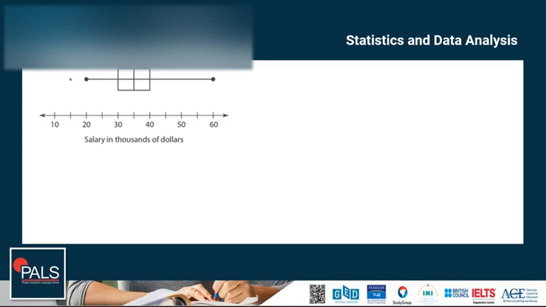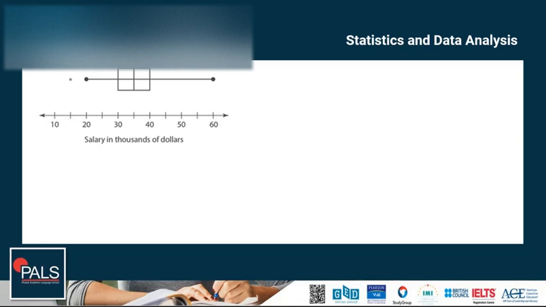Now, using this plot, you can see that the smallest salary earned by any employee is $15,000, while the largest is $60,000. The box that covers the space from the first to the third quartile represents the middle 50% of the data. Okay, the box.